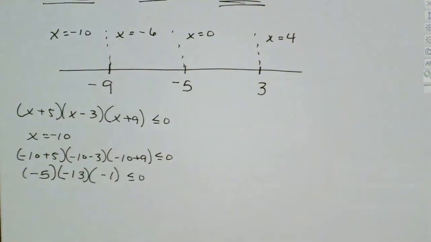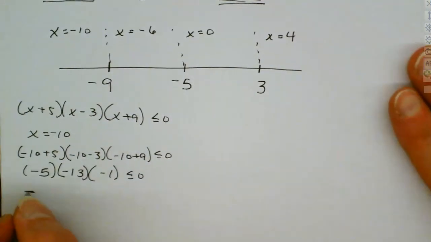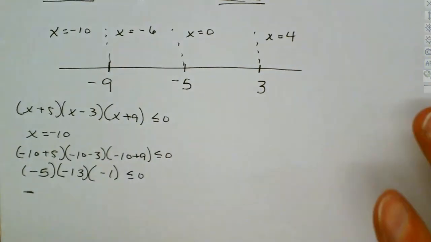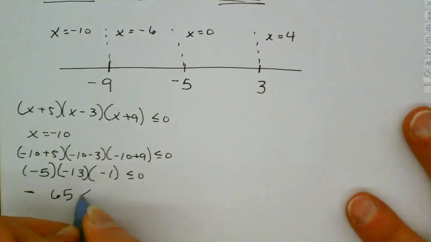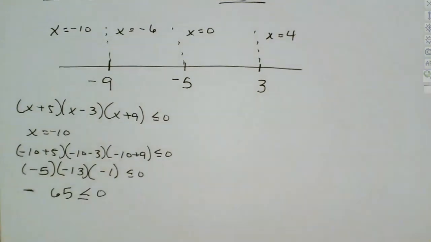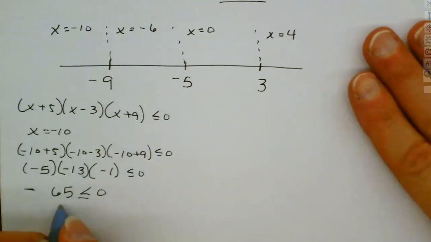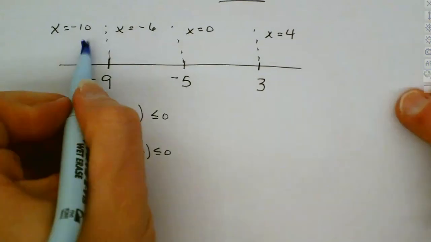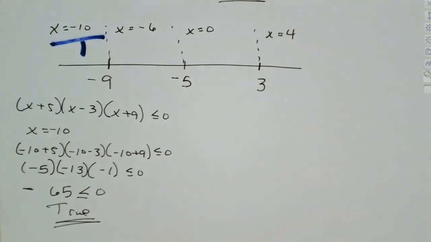Multiply those together. 3 negatives stays negative. And 5 times the 13, well, that is a 65. So that's a negative 65. Is that true or is that false? That would be true. So that's true. Now we do the next piece.